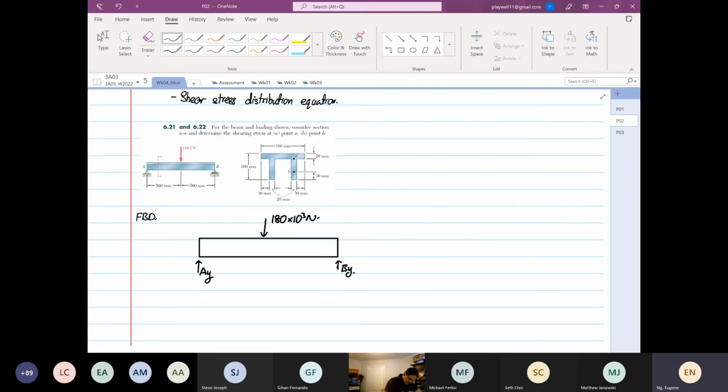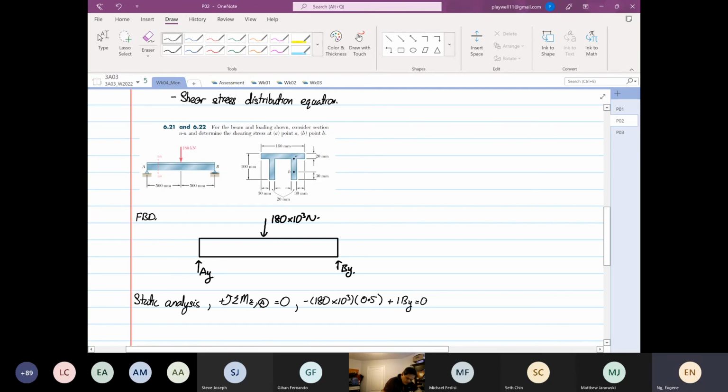So from here, we are going to perform static analysis. I'm going to do summation of moments about the z-axis at point A, and the whole thing will be equal to 0. So you'll have minus 180 times 10 to the power 3 multiplied by a distance of 0.5, plus BY times 1, equal to 0.